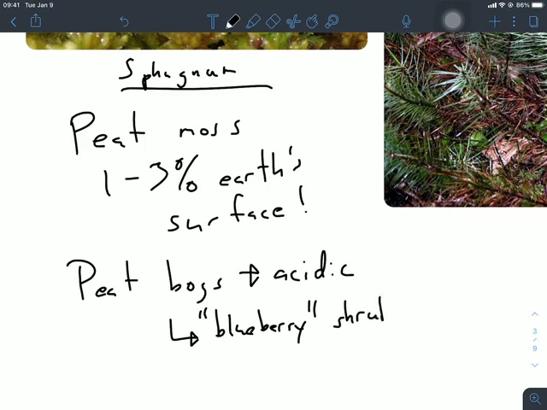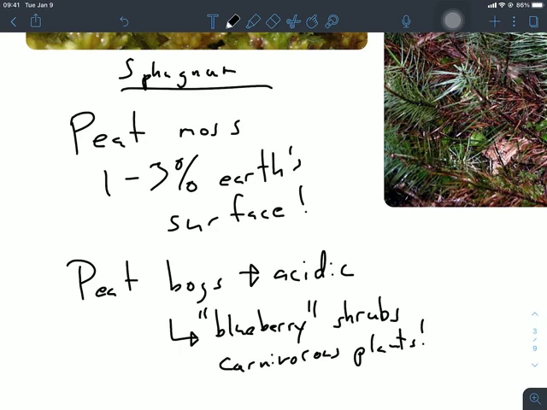I'll put that in quotes just because it's not true that they're all blueberry, but they're in the same family. And a lot of carnivorous plants. Like around here, if you go hiking in a bog, that's where you're most likely to encounter our West Michigan native carnivorous plants.